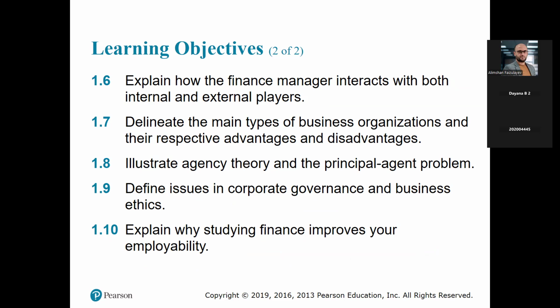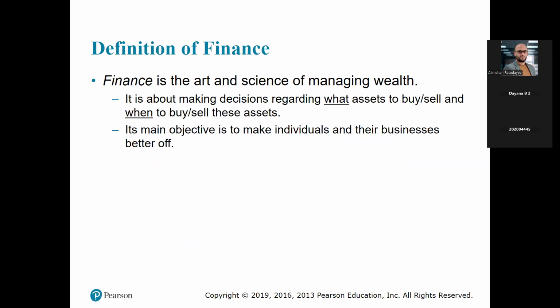Illustrate the agency theory and the principal-agent problem. And of course, we'll define the issues in corporate governance and business ethics that exist, which is very crucial nowadays. Most of the companies now kind of impose these things. Explain why studying finance will improve your employability, why you will be competitive in terms of hiring.